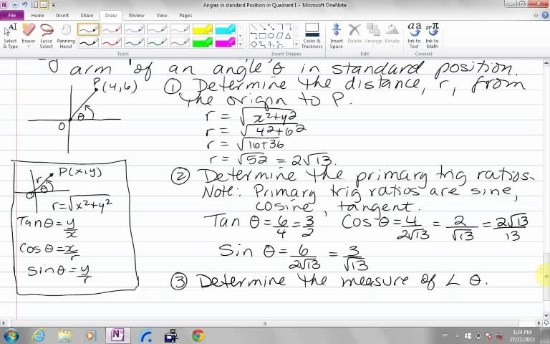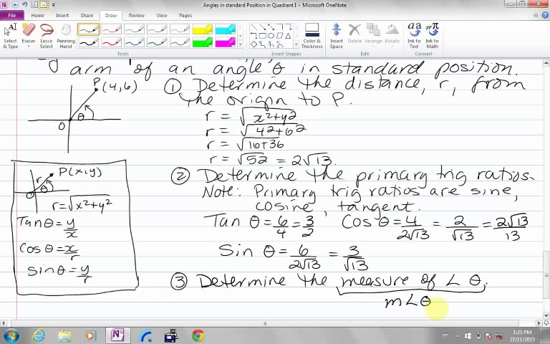You know that we like to write things as short as possible in math, so this can be written simply as m angle theta. So if you see m angle theta, that means measure of angle theta. So if it says find or determine m angle theta, it means find or determine the measure of angle theta. So how many degrees it is.